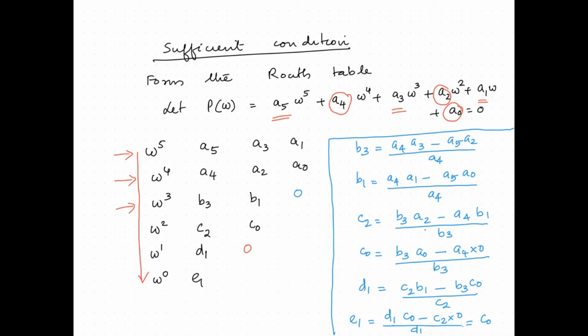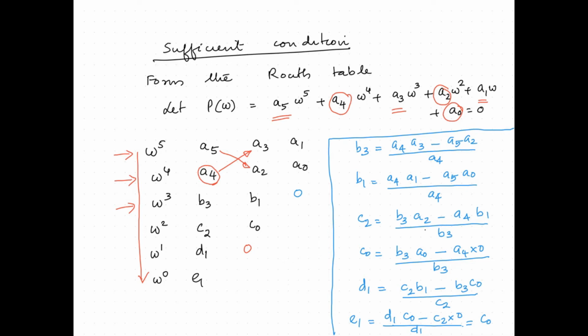In order to find the first element of W raised to 3, we need to use some calculation. So B3 will be equal to (A4 into A3 minus A5 into A2) by A4. Now we have the B1 element.